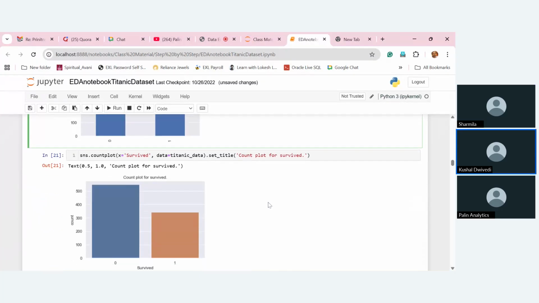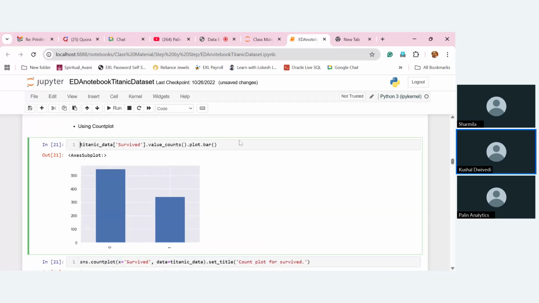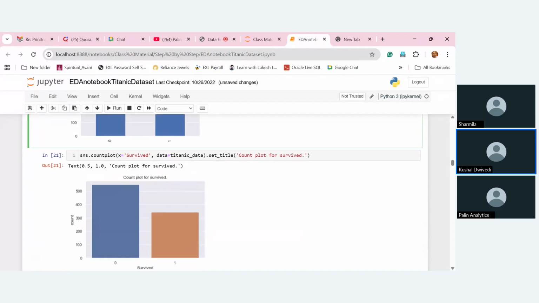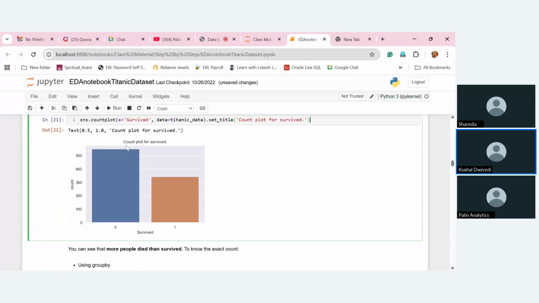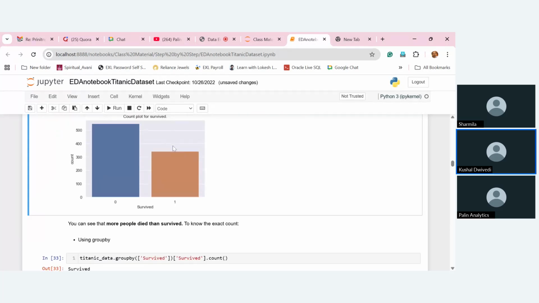Now you can do the same thing using the count plot also. So sns dot countplot. Here we did value counts and plot dot bar just from pandas only, we don't need anything additional. If you want to use the count plot, then sns dot countplot survived, Titanic data, and set title. So you can see here the count plot for survived is also given.